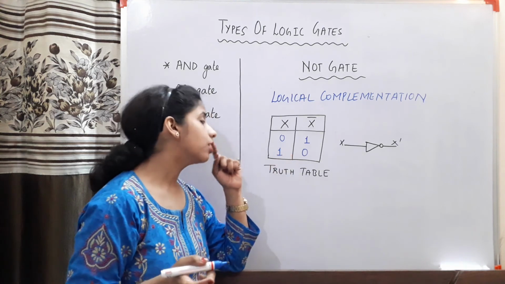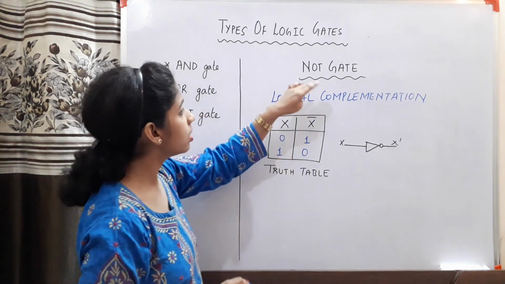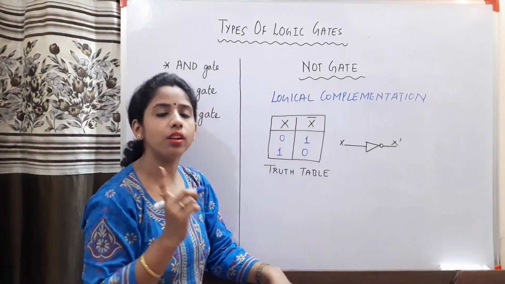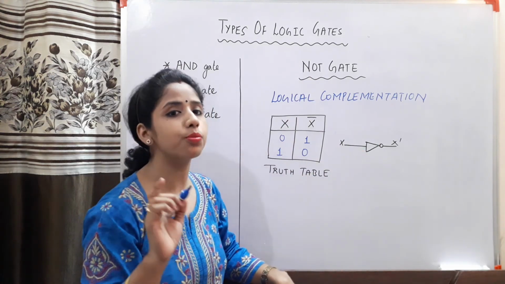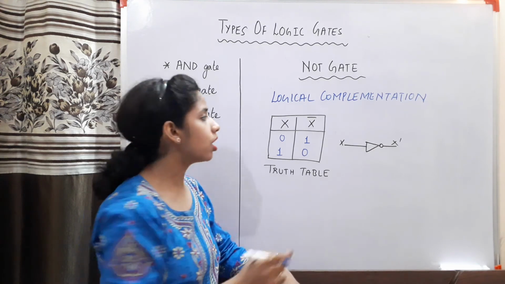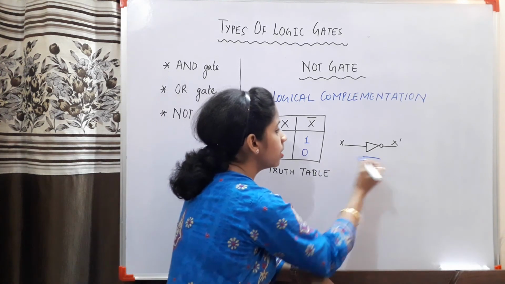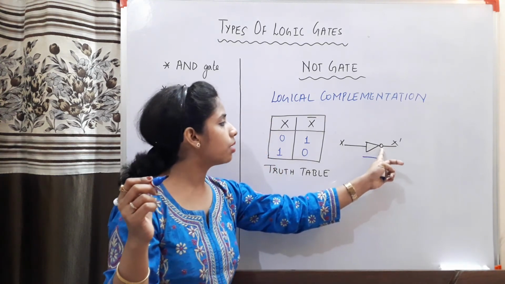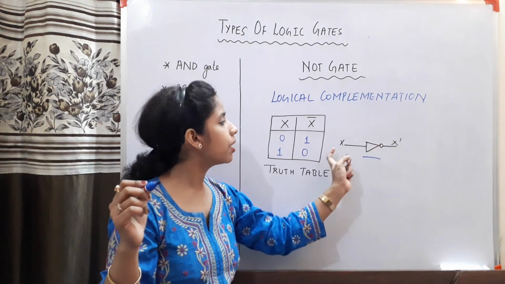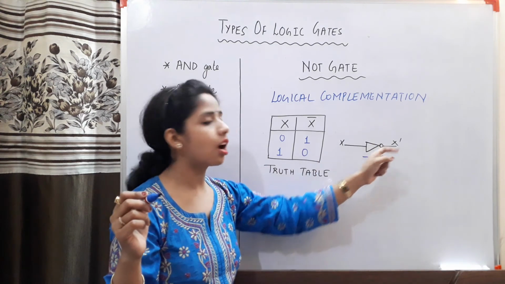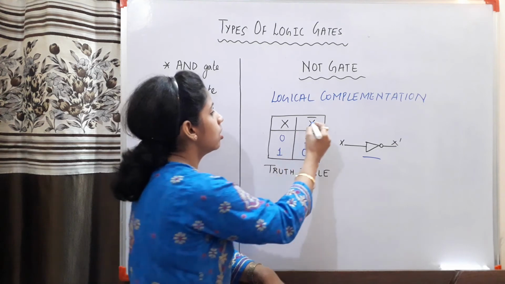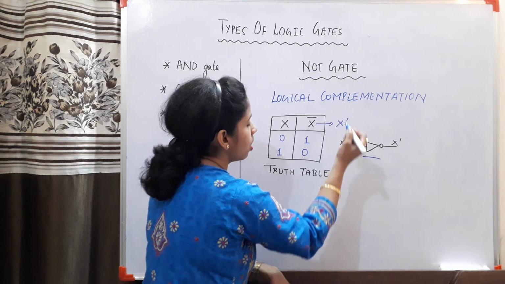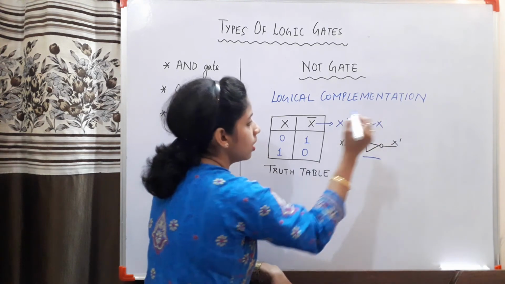Okay, now as you can see, this operator is operating upon just one operand. So in the logic gate also you are going to provide just one input signal. Okay, so see the symbol, what it is. You have to draw a triangle followed by a bubble. Okay, and this triangle and bubble should be attached to each other at the tip, and if you give the input as x, the output you will get is x not, and this x not can be written as x bar like this, or like this, or in this way.